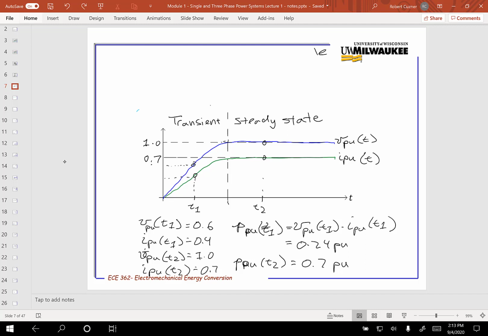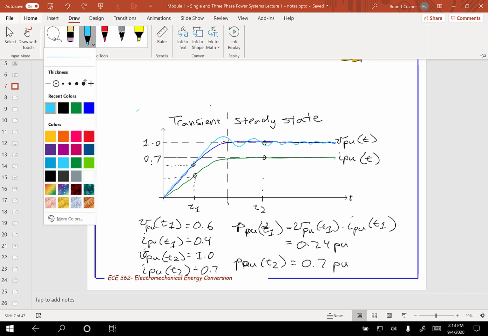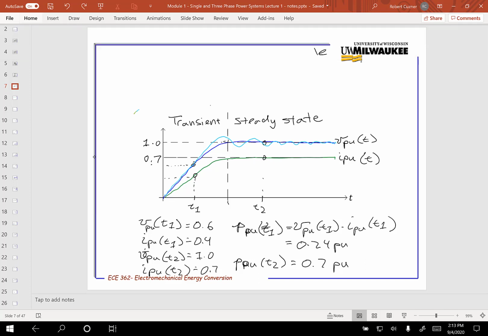You would get a transient behavior that'd be very different. Your voltage would tend to get some ringing in it that might go for a while. So what you're seeing there is an AC component on top of the DC component, and the current might of course look very different if it was that kind of a load.